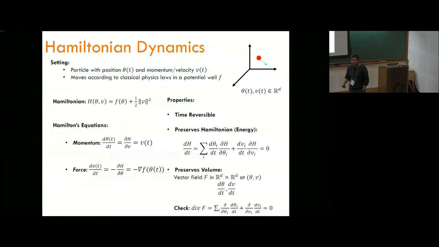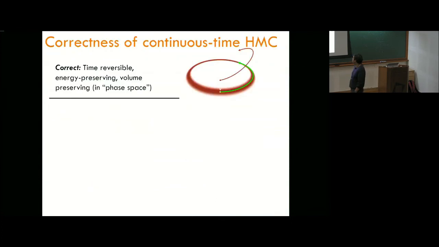Okay. Let me give you a sketch of the proof of correctness of this continuous time HMC. We will use all of these three steps: time reversibility, energy preserving, and volume preserving in the phase space.